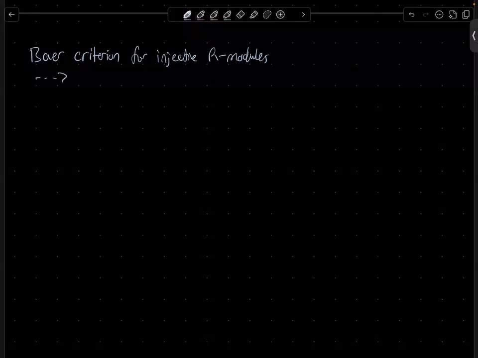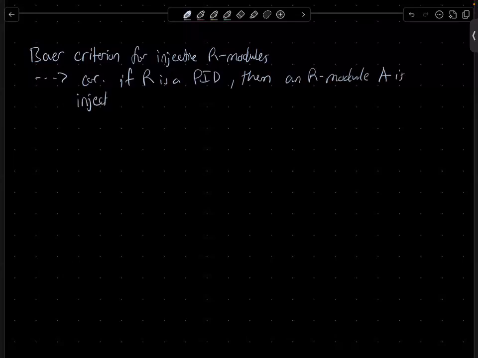This leads to the corollary that if R is a PID, so remember a PID is an integral domain where every ideal is generated by one element, then an R module A is injective if and only if A is what is called divisible.